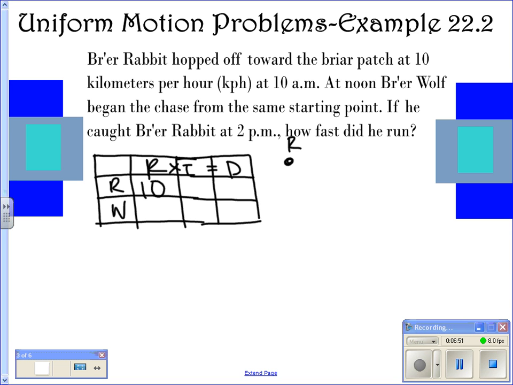Rabbit started off. Where'd he go? Okay. And then wolf started at the same spot though, right? And then what did they say? He began the chase at the same starting point, and then what happened? He caught him. So did they end up at the same spot? They ended together. Does that make sense?